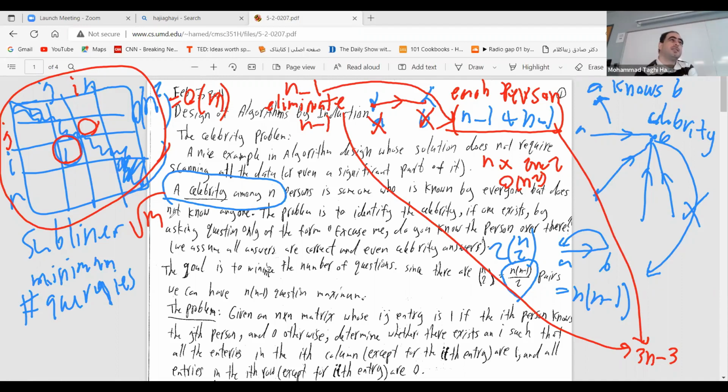Why do we know for certain the celebrity? Because it might be the case that this guy that is the candidate, as I mentioned, you can start with person 1, then person 2, 3, and you do 1 and 2, and the winner goes with 3, and so on and so forth.